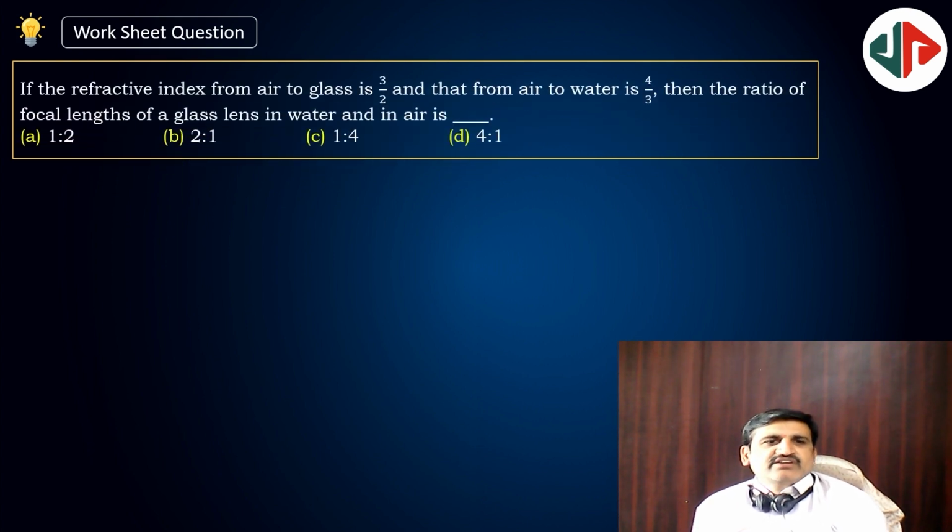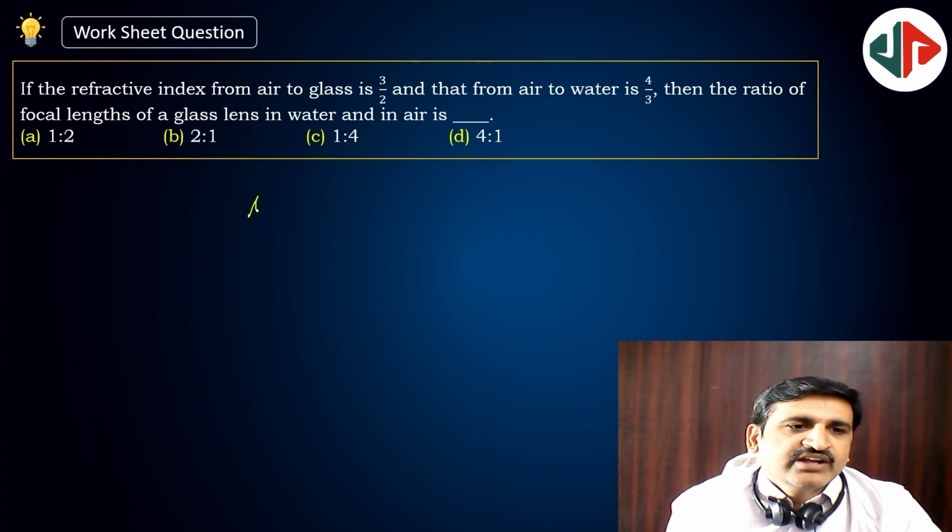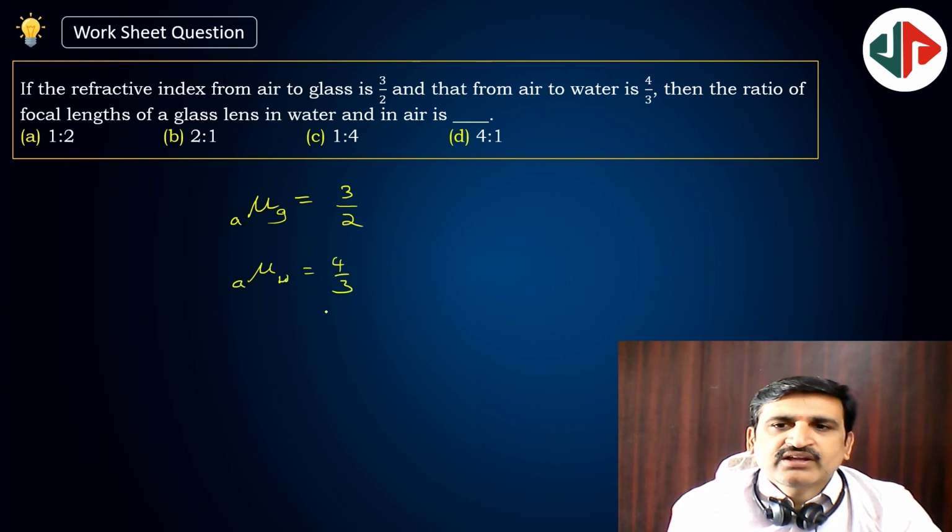If the refractive index from air to glass is 3 by 2, and that of air to water is 4 by 3, find the ratio of focal length of a glass lens in water and in air.